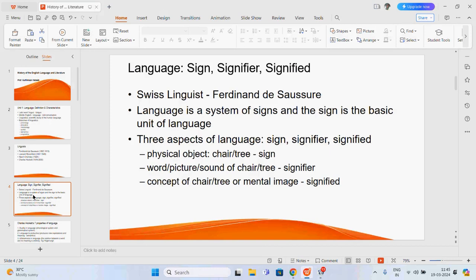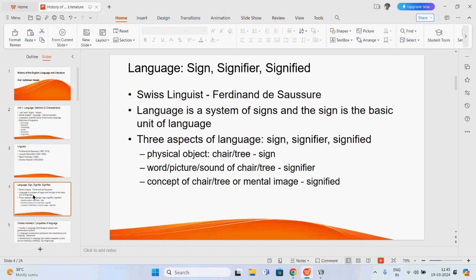When I say chair, the mental image that conjures up in my mind is something that is used to sit on, something that generally has 4 legs, maybe 3 legs, generally has arm supports, has a back support. So that is the image that is being invoked in my mind, which is the signified.